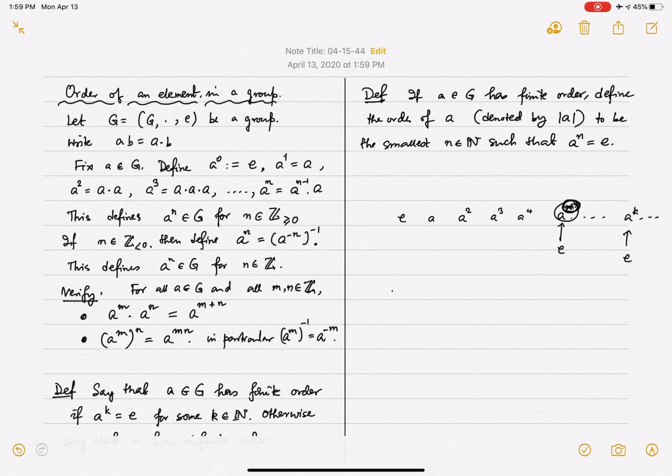And if it has infinite order, meaning there is no such n, then you just write that the order is infinite.